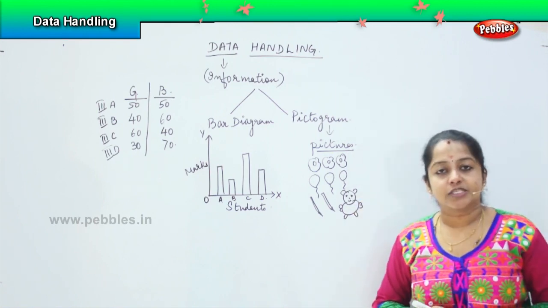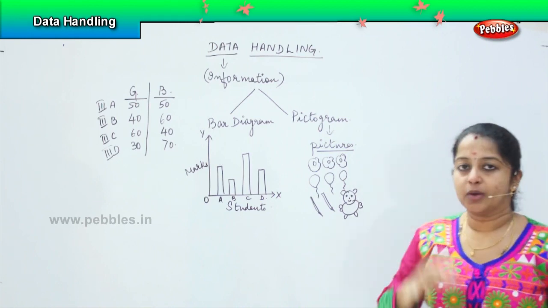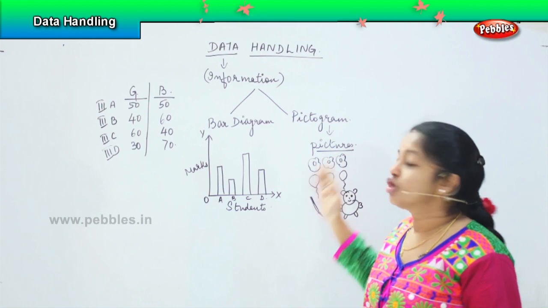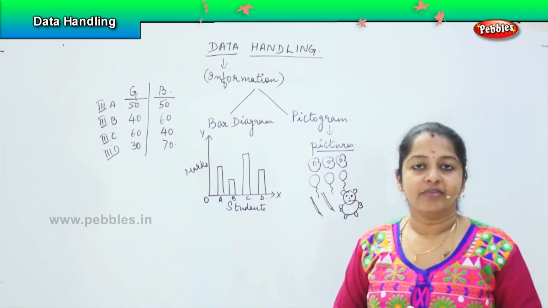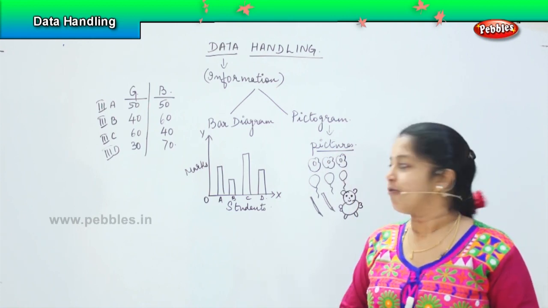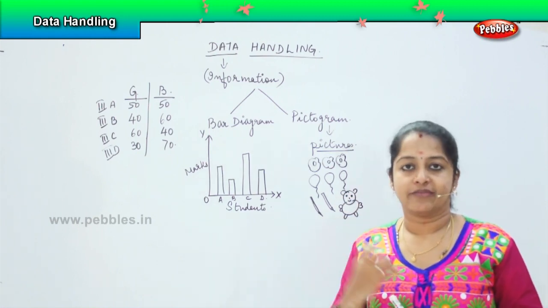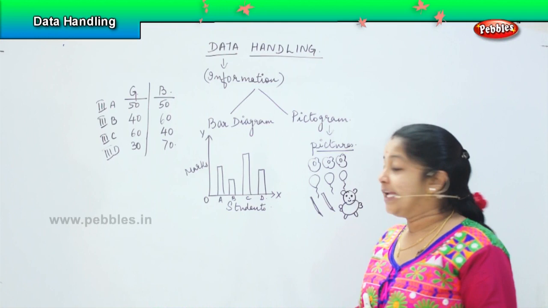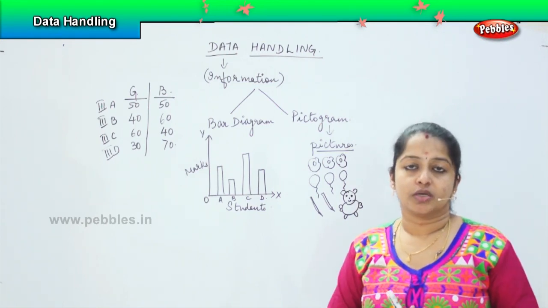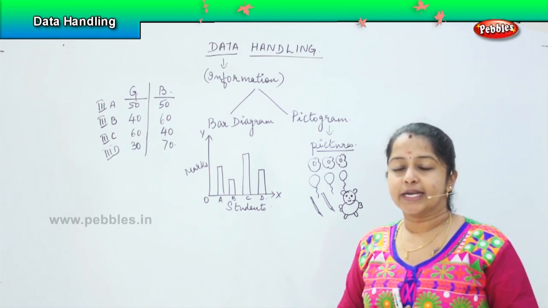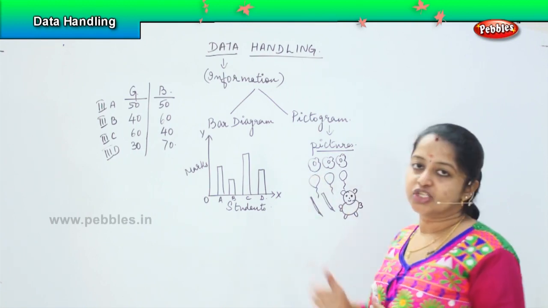When the data is small, when I have a small number with me, it is easy for me to represent the diagram by showing how many people have done so and so things, or how many persons have opted for that particular given choice. But if my number is huge, say very large in hundreds or in thousands, do you think it is possible for me to draw so many pictures?